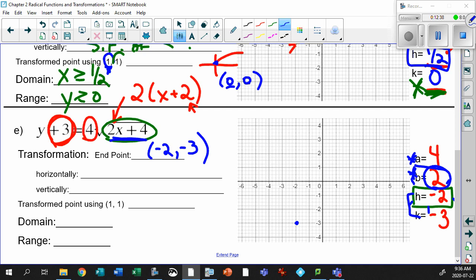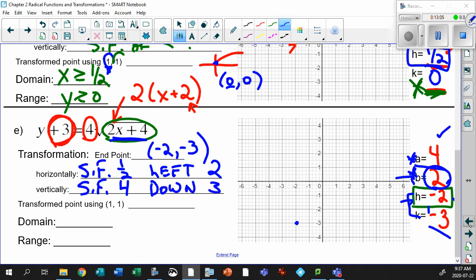Remember what our horizontal factors are, B and H. So this is going to be a stretch factor of 1/2. This is also going to be left 2. Our verticals, stretch factor 4. And you're moving down 3. I think you're getting the hang of this.